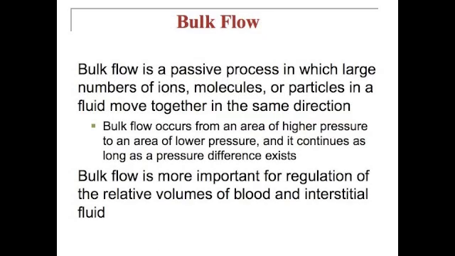And, as I said a couple of slides ago, bulk flow is a passive process in which ions, molecules, or particles in a fluid move together in the same direction. Bulk flow occurs from an area of higher pressure to an area of lower pressure, and it continues as long as a pressure difference exists. Bulk flow is more important for the regulation of the relative volumes of blood and interstitial fluid.